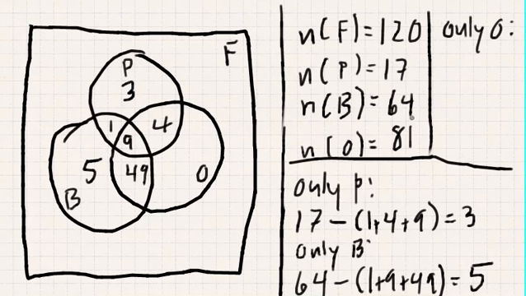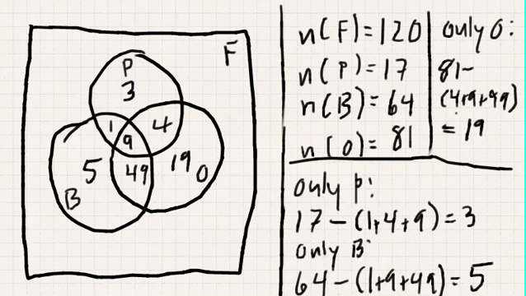Well, there are a total of 81 old schools, minus 4 plus 9 plus 49 schools that are old but maybe private or BCS or both. 4 plus 9 is 13, and 13 plus 49 is 62. So that leaves me with 81 minus 62 is 19. So there are 19 guys out here.